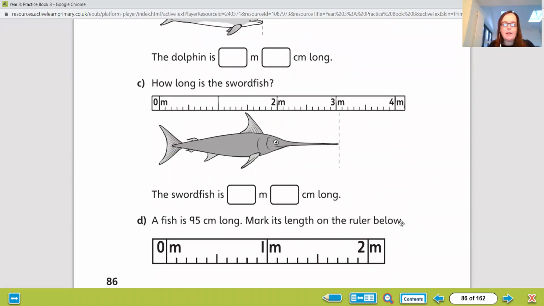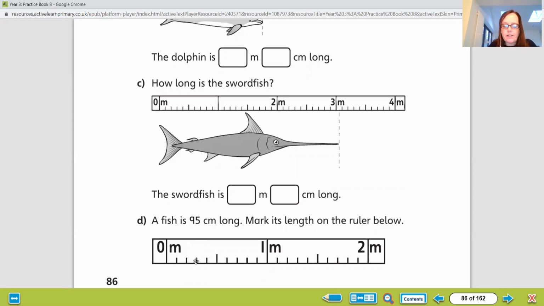Question D is a little bit different. This time we've got to mark its length on the ruler. So we've got, again in meters, let's count the divisions. 1, 2, 3, 4, 5, 6, 7, 8, 9, 10. So we're talking 10 centimetres and it's 95.